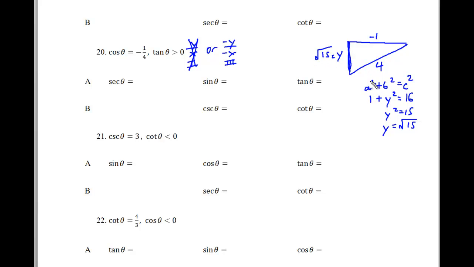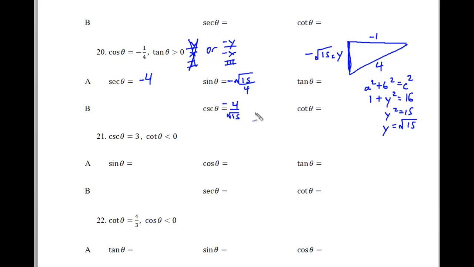Since y is the square root of 15, now we can compute our values here. The secant is negative 4. The sine is going to be our opposite over hypotenuse, so negative square root of 15 over 4. And our cosecant is going to be 4 over the negative square root of 15.